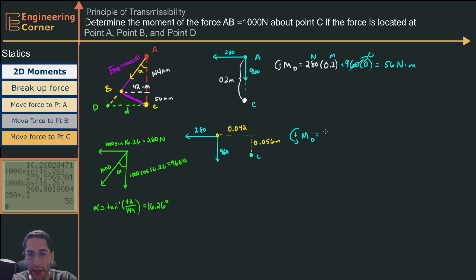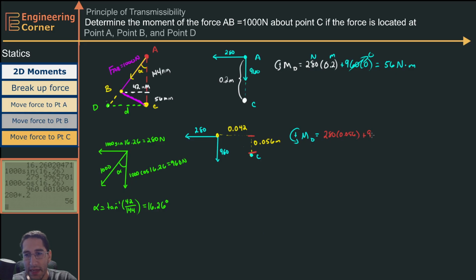So it's going to be 280 times its perpendicular distance, which is this, 0.056. And then the 960, well, this one's easier to see just because of how I've drawn it. But when we rotate it, it's also going to rotate around point C head first. So it's going to be positive.